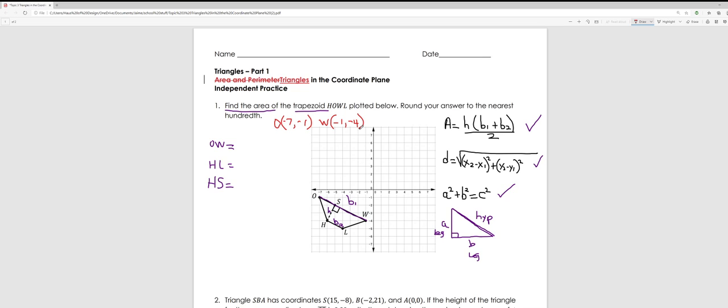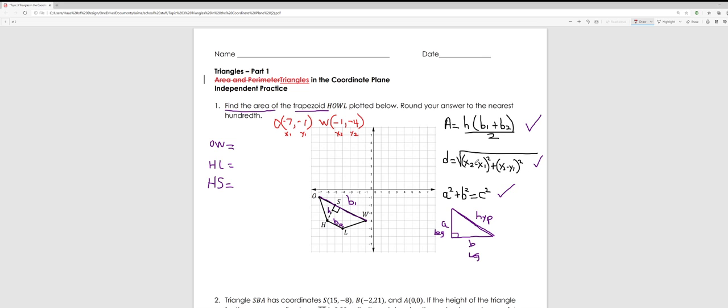If you're going to use the distance formula, go ahead and label your points. This could be x1, y1, and this will be x2, y2. After that, you plug it into the formula.